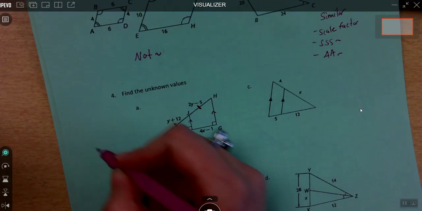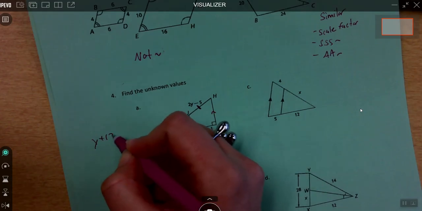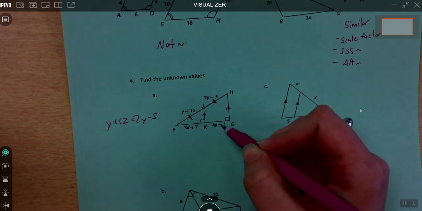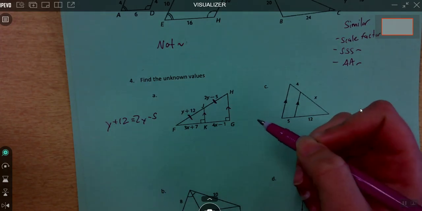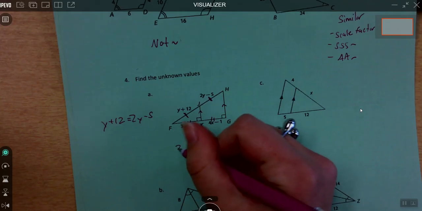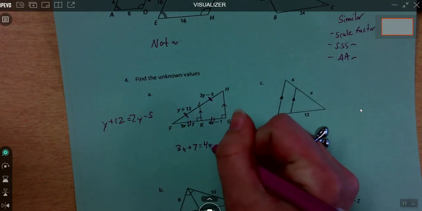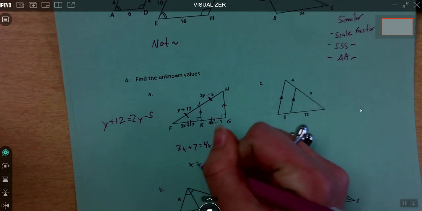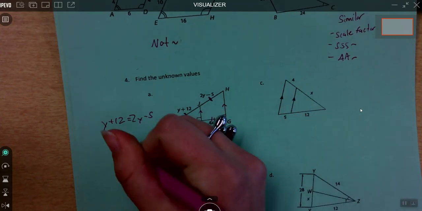Yep, set them equal. So we had y plus 12 equals 2y minus 5. Can I do it with the other sides as well? So I got 3x plus 7 equals 4x minus 1. So x would have been 8, y would have been 17.